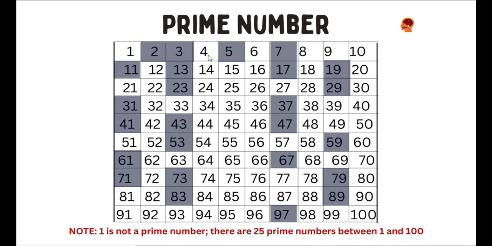So 4 has more than 2 factors. 4 has 3 factors. This makes 4 not a prime number. The same thing with 6, 8, 9 and 10, and all other numbers in white ink. The numbers in light blue ink are prime numbers, and there are 25 between 1 and 100.